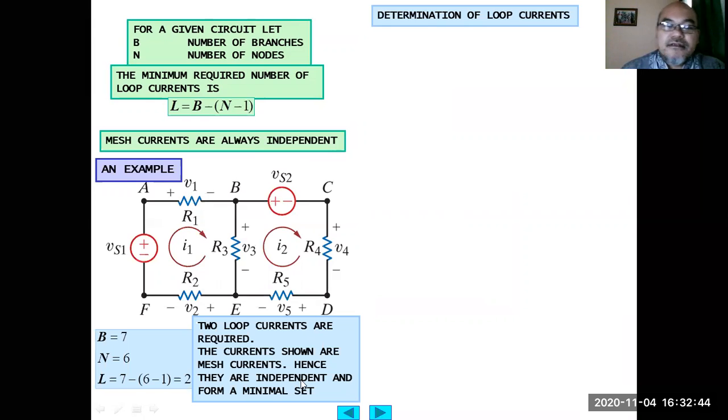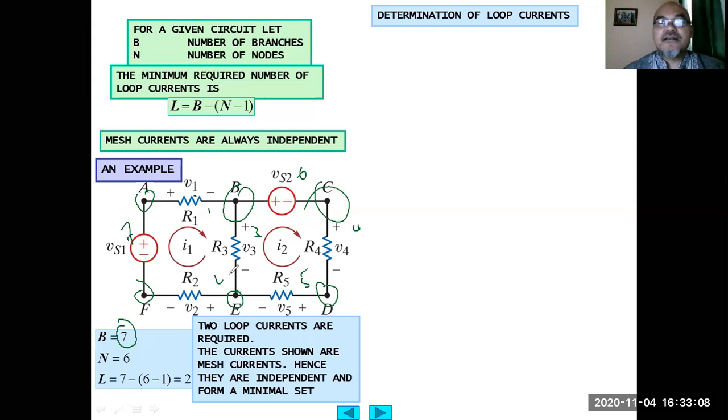Let's see: 1, 2, 3, 4, 5, 6, 7. So 7 branches. How many nodes? 1, 2, 3, 4, 5, 6. 6 nodes. So the number of loops we require is 7 minus 5, or 2 loops.